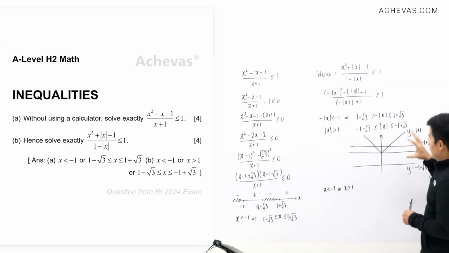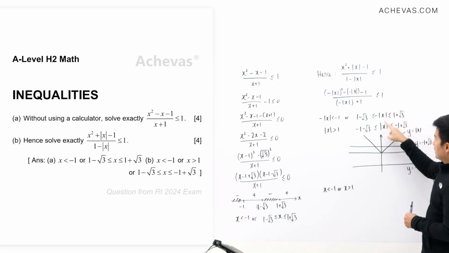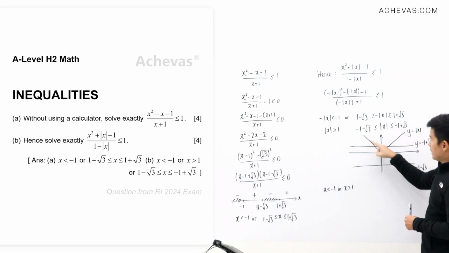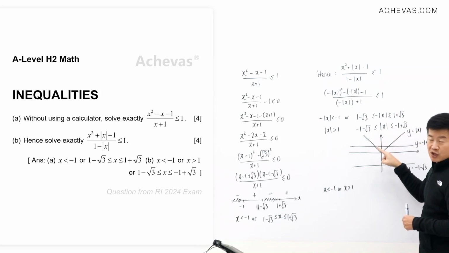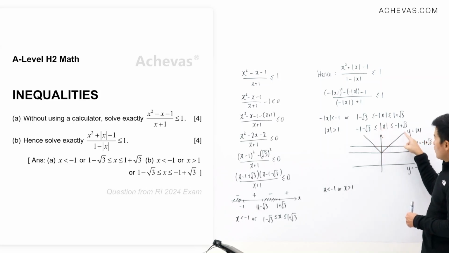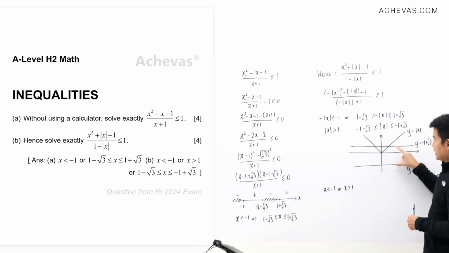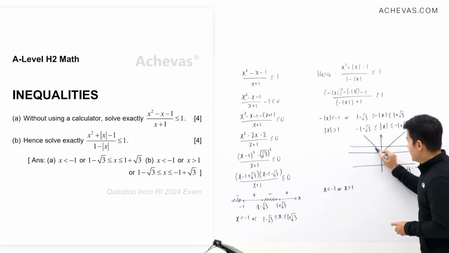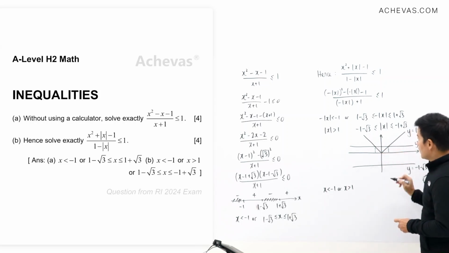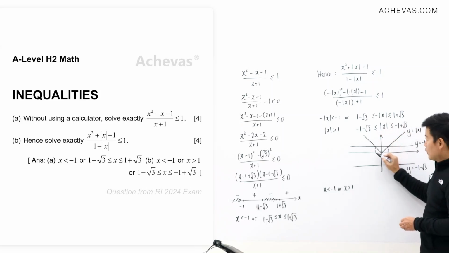And in order for us to make use of this graph to solve this inequality, where now this modulus of x is represented by the y coordinate of this graph, what we need to do is to just check when will the y coordinate on this graph be between these two values. So it is actually just this portion where y is between these two values, which means that the set of values of x that will satisfy this inequality will be this value here and this value here.